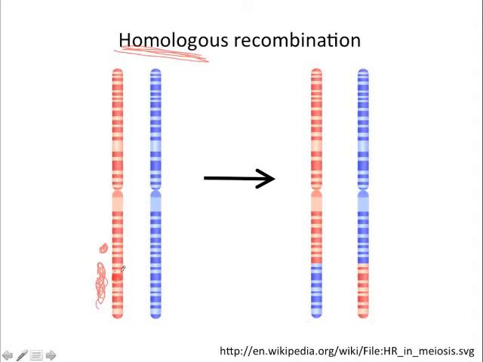It could be that we've got a linear piece that's very similar to this one over here. We could cut and rejoin, and thus we might switch these two, and so this linear piece that used to be over here is now here. This linear piece now gets switched over here, and so you can also change your sequence via homologous recombination.